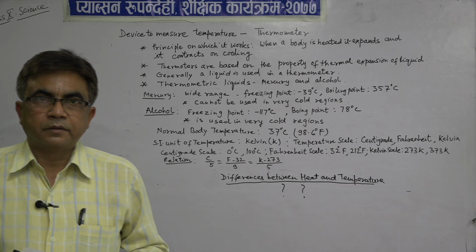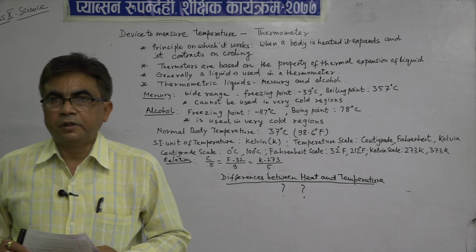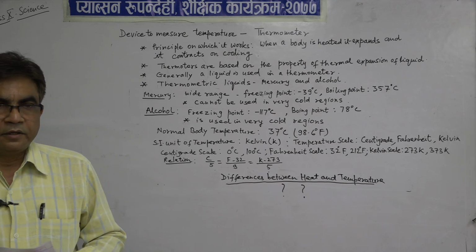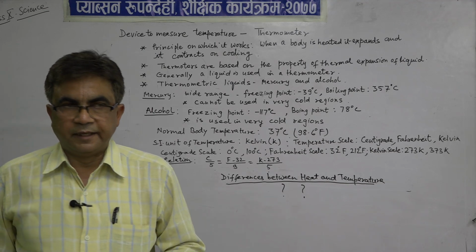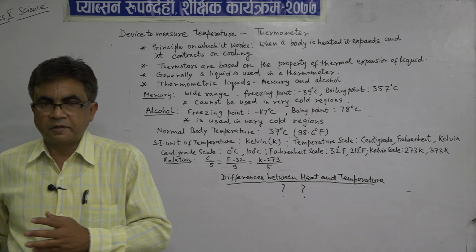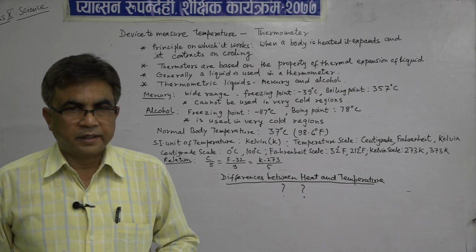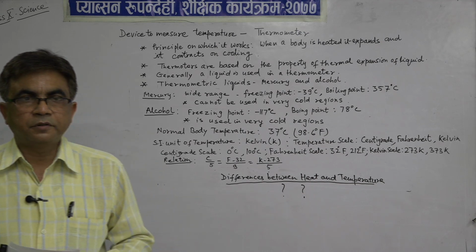Similarly, women have to burn around 1600 to 2000 calories of energy every day. And also we have come to know how heat flows from one body to another body. Up to here we have come to know.